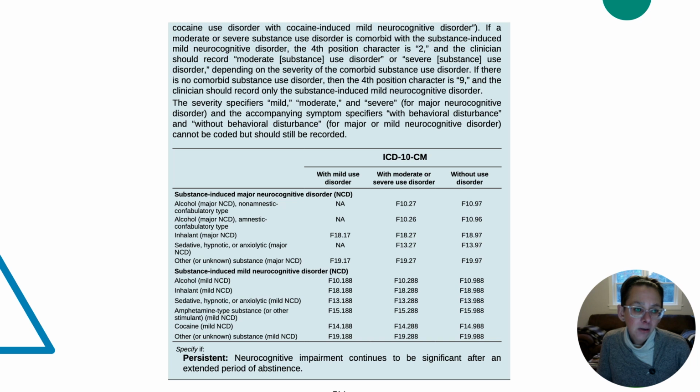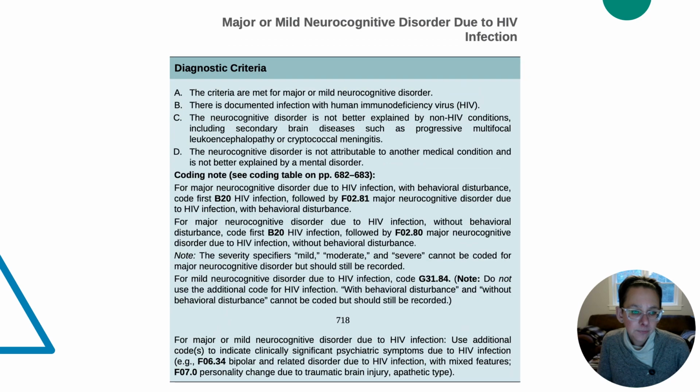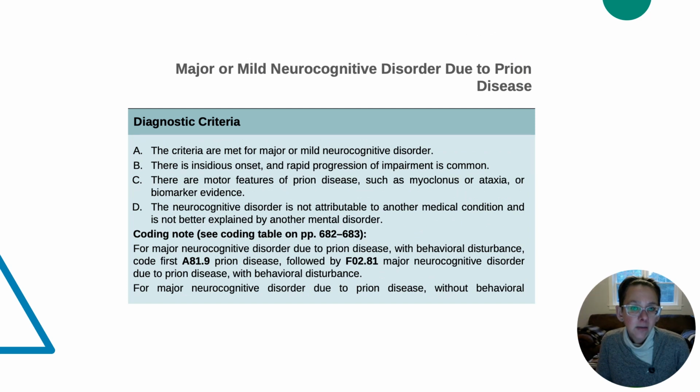So alcohol is probably the most notable one to cause a neurocognitive disorder, so be aware of that. And then major or mild neurocognitive disorder due to HIV, so they have to have HIV and have cognitive issues. Prion disease, never seen it.